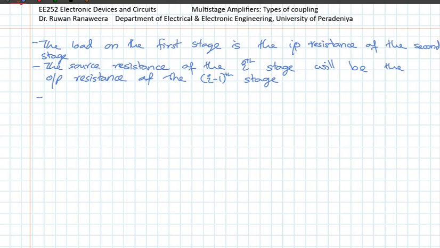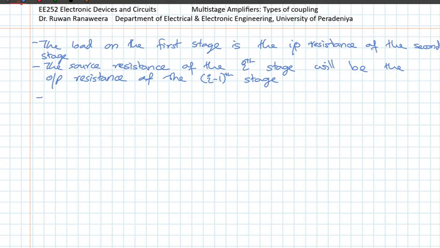And similarly, the load on the ith stage will be the input impedance of the i plus 1th stage. If it is the last stage, the load will be the actual load that is connected. If it is the first stage, the source resistance will be the source resistance of the actual source. Okay, right.